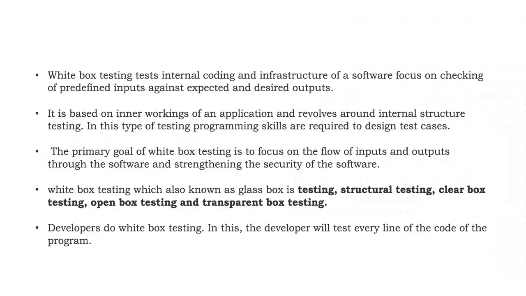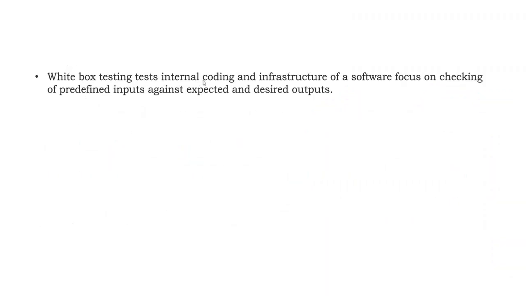Let's get started. White box testing tests the internal coding and infrastructure of software, and the focus is on checking predefined inputs against expected and desired outputs. In black box testing, we tested the application without having internal coding knowledge, right? But in the case of white box testing, it is the opposite.